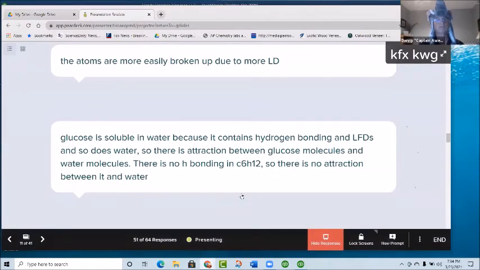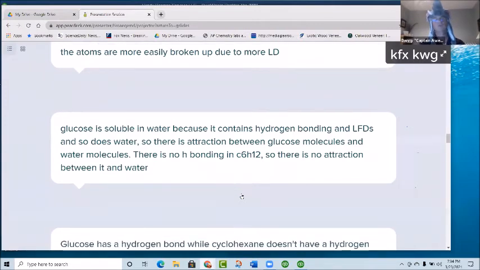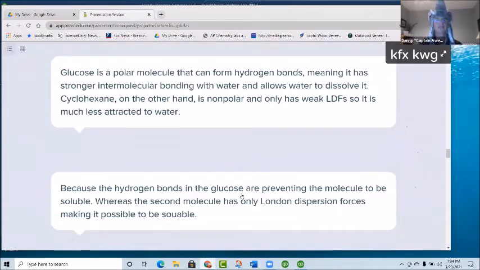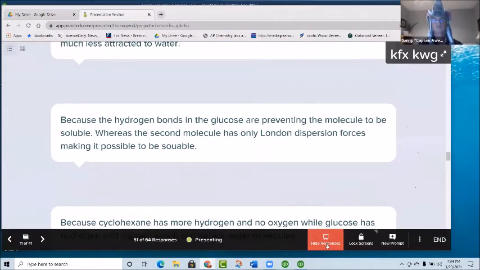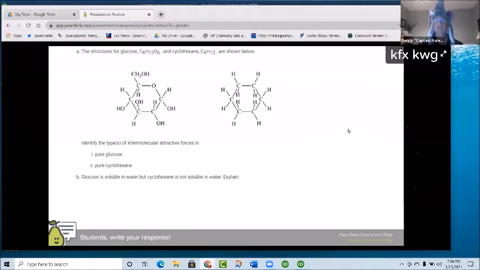Glucose is soluble because it contains hydrogen bonding and LFDs. Can't give you a point for LFD. And so does water. So there's attraction between glucose molecules and water molecules. So I think y'all are getting very, very close on a lot of the answers, right? So what would the best answer look like? Well, glucose can bond using hydrogen bonds to water.